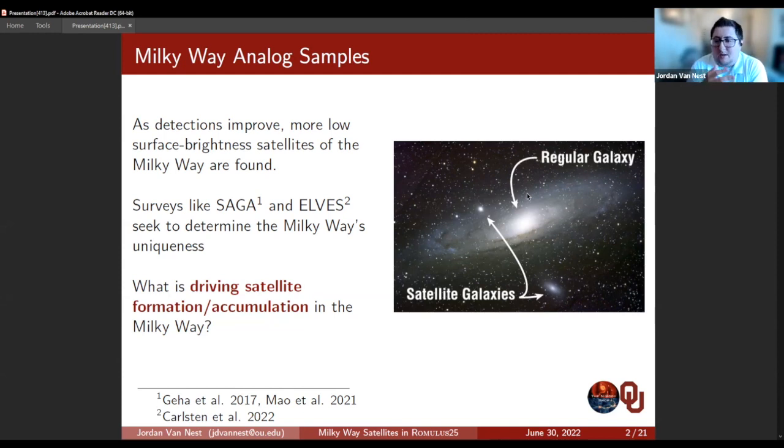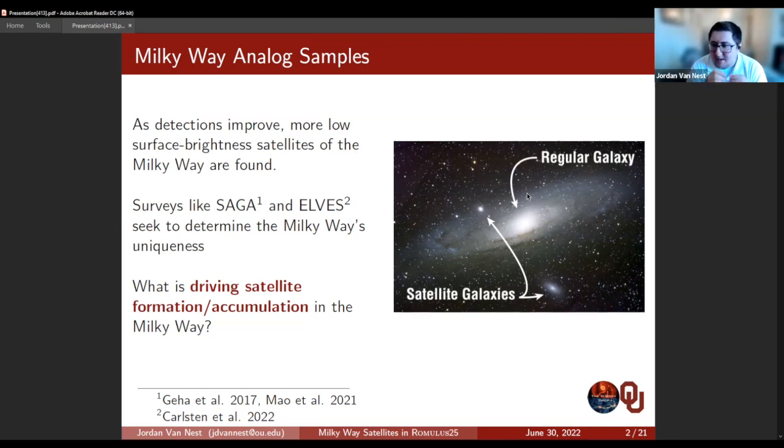Are Milky Way and Andromeda standard galaxies for this mass range, or are we maybe generalizing based on some outliers? Surveys like the Satellites Around Galactic Analogs and the Exploration of Local Volume Satellites seek to answer this question of the Milky Way's uniqueness by studying the Milky Way's and other similarly massed galaxies' satellite populations.